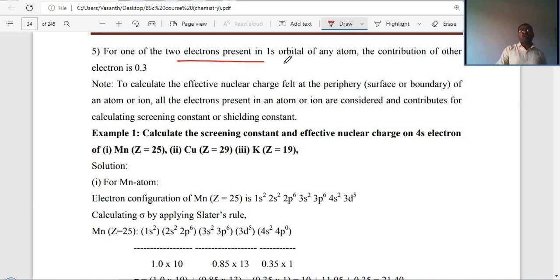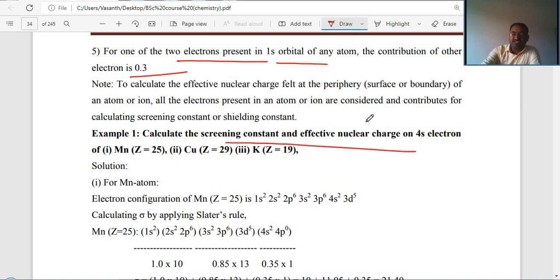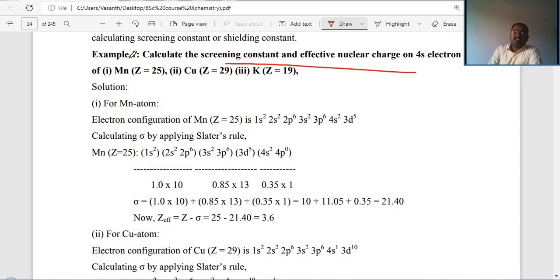For one of the two electrons present in the 1s orbital of any atom, the contribution of the other electron is 0.3. This is the way to calculate the screening effect and effective nuclear charge for 4s. Consider manganese, copper, potassium. For manganese, atomic number 25, the electronic configuration is 1s2, 2s2, 2p6, 3s2, 3p6, 4s2, 3d5.